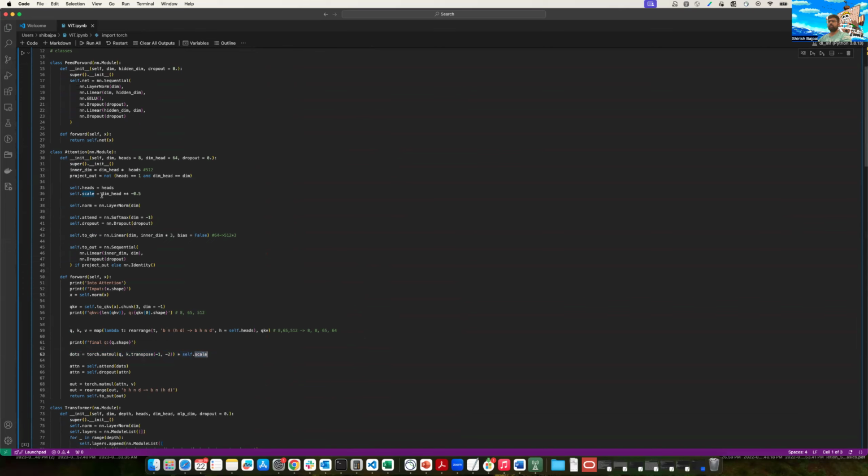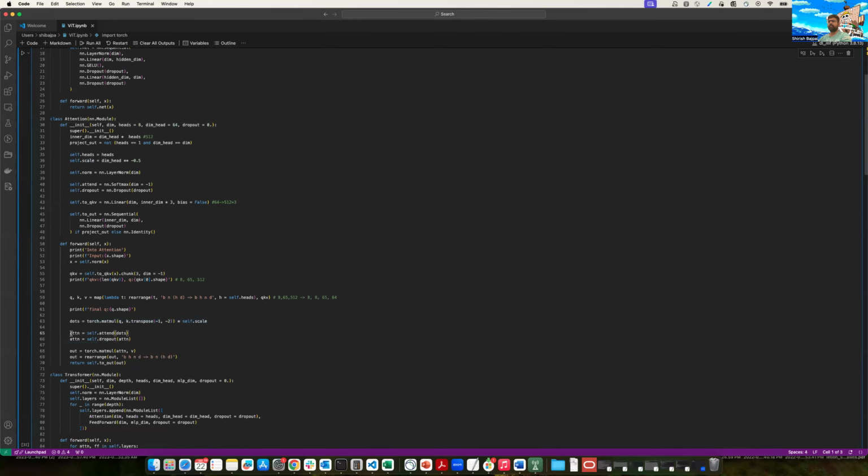Where is self.scale? Here you see, it is 1 upon the square root of dimension of head. This is a very basic attention calculation. And then the attend step is here, where we calculate the softmax.